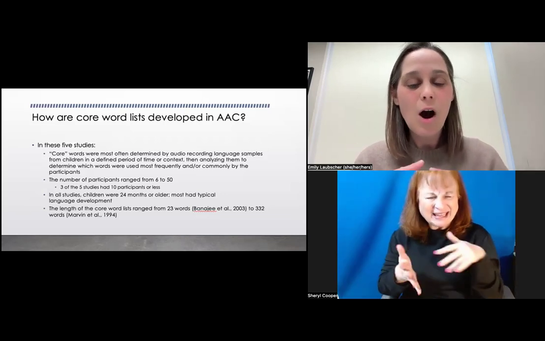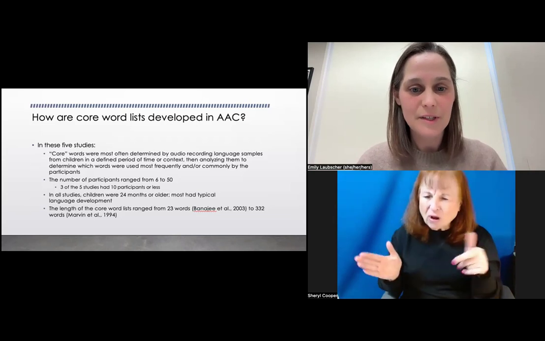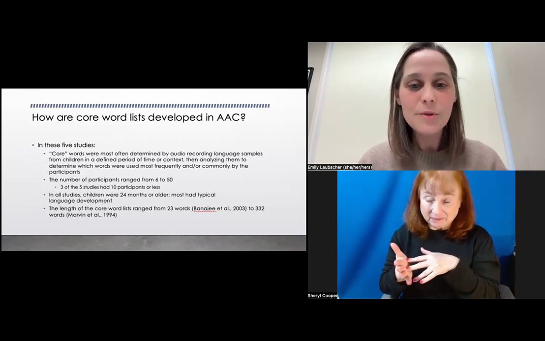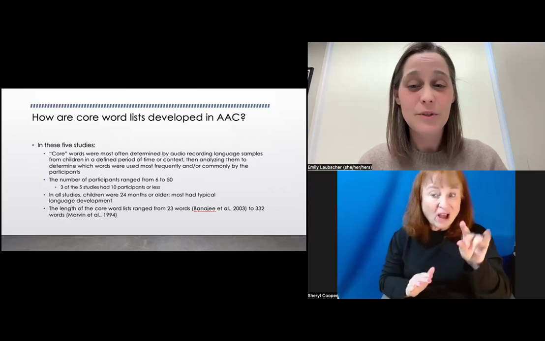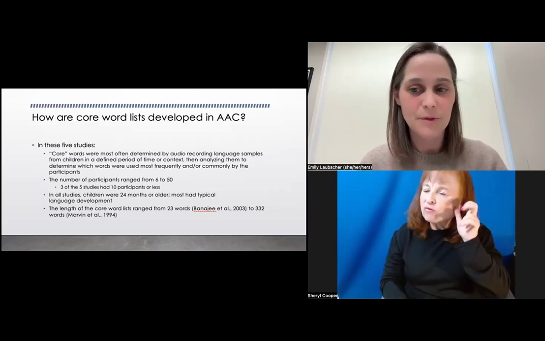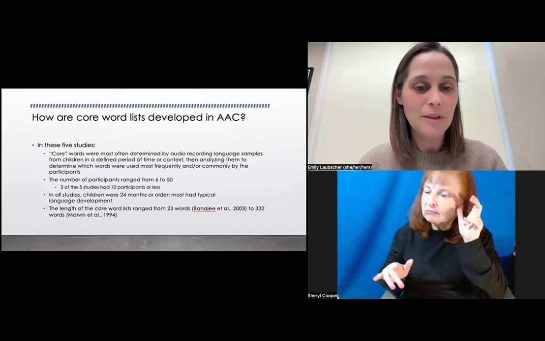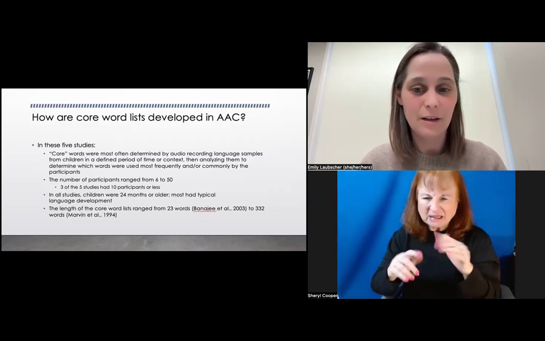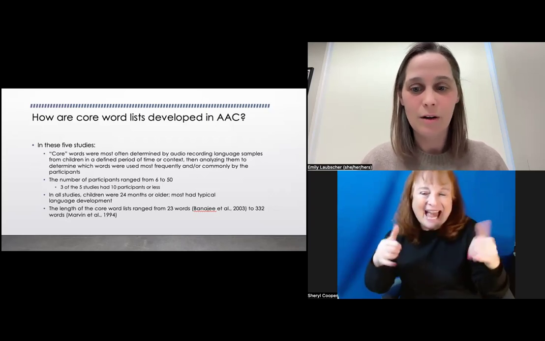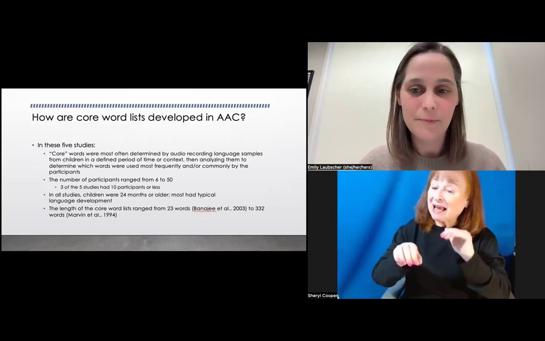So across these 5 studies, the most common method of identifying core words was to audio record language samples from the participants within a defined period of time or defined context, like recess or free time in the classroom.